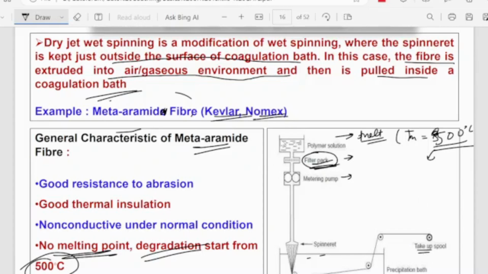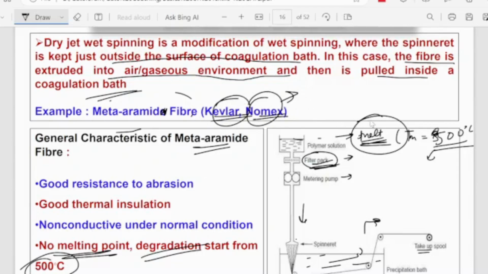You can see this is the polymer melt, and this is the spinneret, and from here the fiber is put, and from here it is taken out and then moves forward. So you know that Kevlar and Nomex are high performance fibers. They are highly temperature resistant, and to improve their mechanical properties these fibers are manufactured by the dry jet wet spinning process.